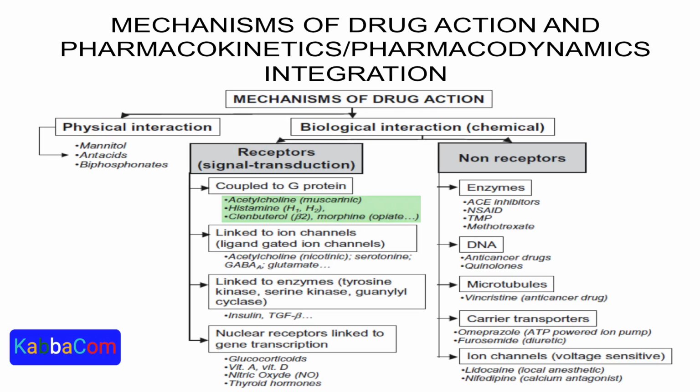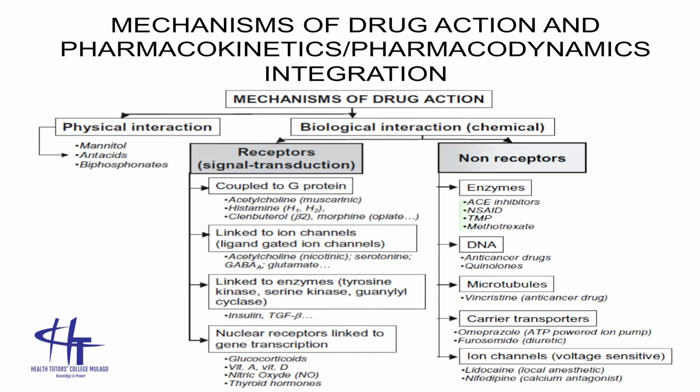These work through receptors. However, we have those that do not necessarily need receptors. For example, we have what we call ACE inhibitors. These are very good drugs that are given in hypertension, angiotensin converting enzyme inhibitors. They do not necessarily need receptors.